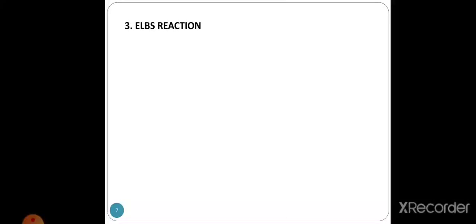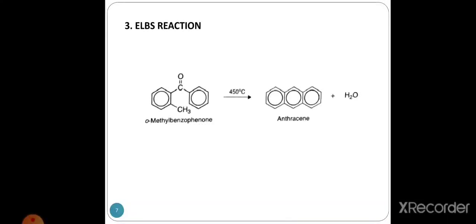Here, orthomethyl benzophenone, when heated at 450 degrees centigrade, anthracene is obtained. Here is the reaction. As we could see, orthomethyl benzophenone, when heated at 450 degrees centigrade, gives rise to anthracene as the product.